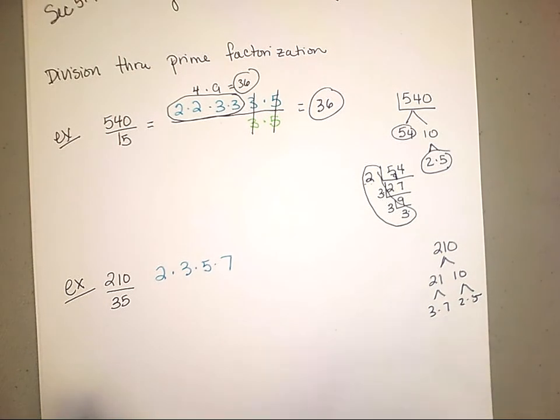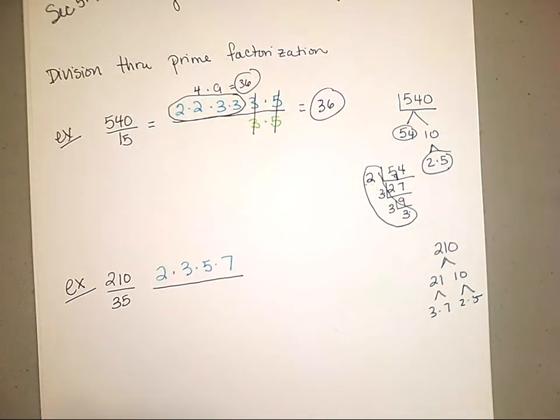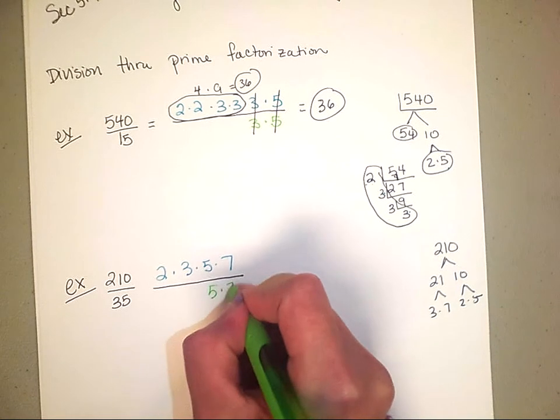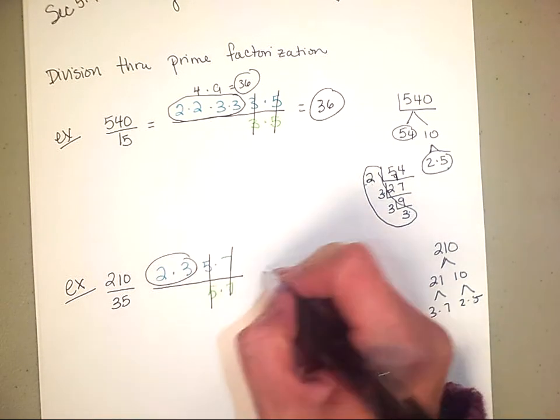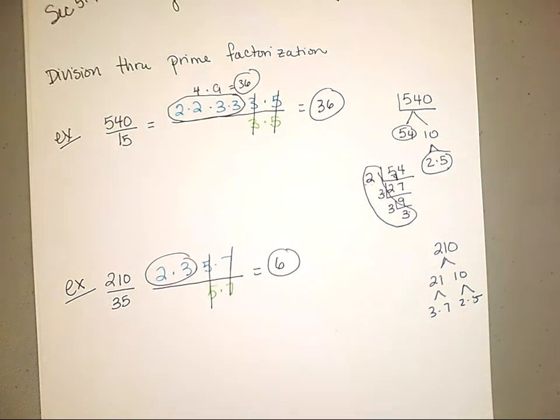Okay, so 210 factors into that. And 35 is just 5 times 7. Now you can see the canceling, and we're left with just 2 times 3, which is 6. So if you know your prime factorizations, dividing becomes very, very easy.